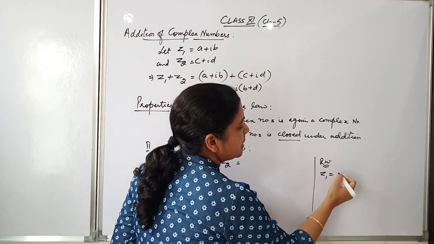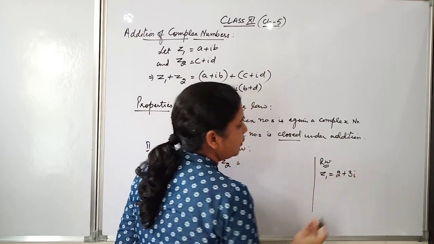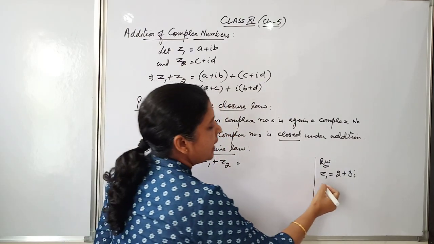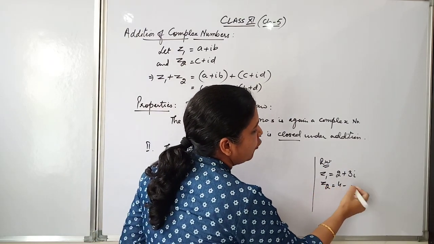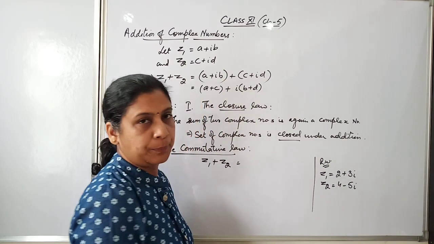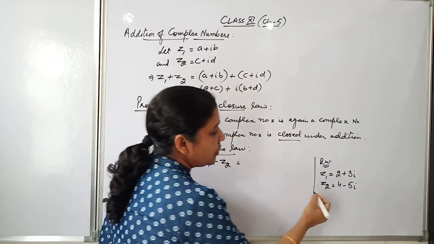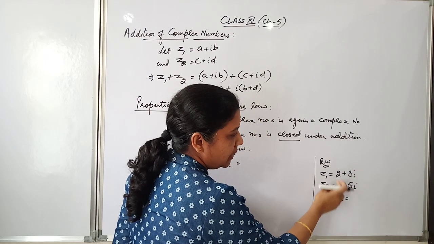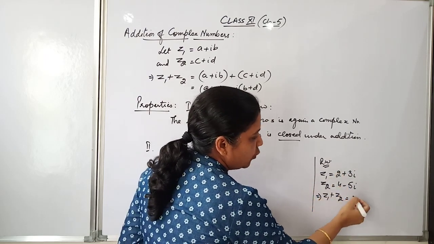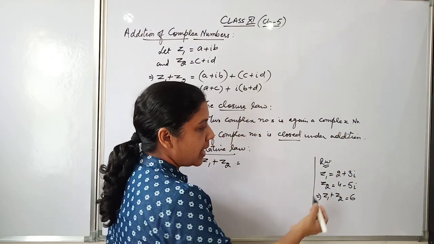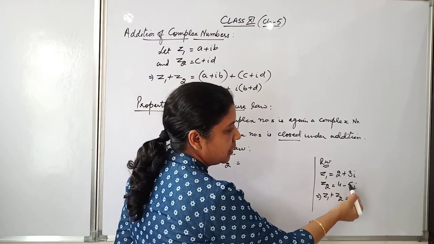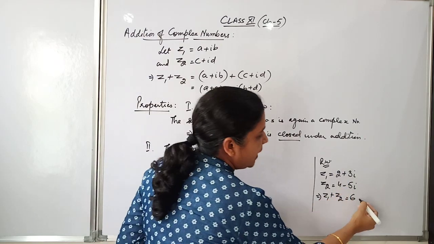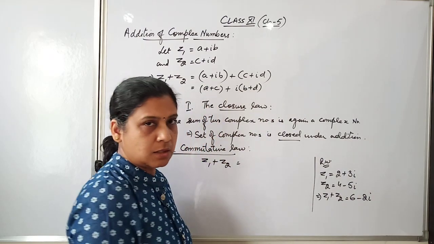I am going to take z1 as 2 plus 3 iota, any complex number, and z2 as 4 minus 5 iota, any other complex number. So if I add z1 and z2, real part will be added into real. 2 plus 4 is 6. And the imaginary will add into imaginary. Plus 3 iota minus 5 iota gives us minus 2 iota.